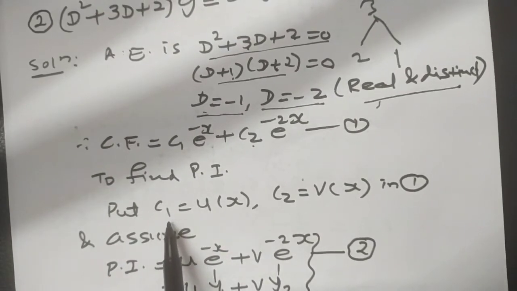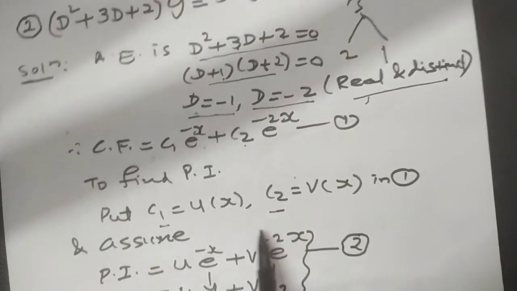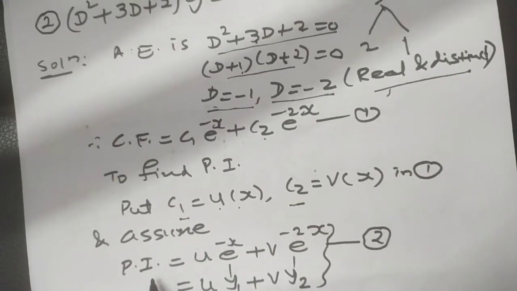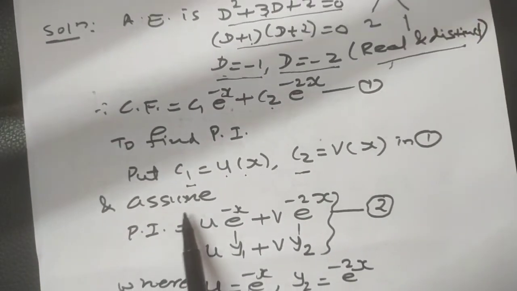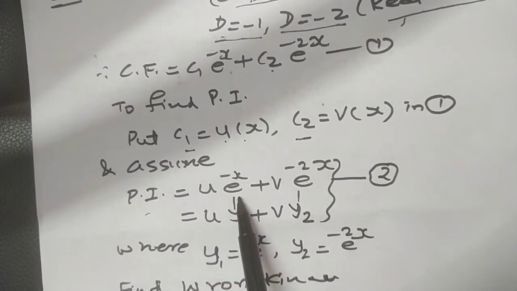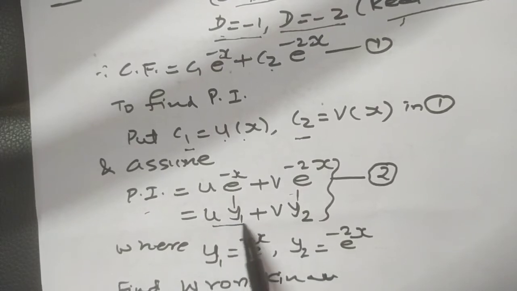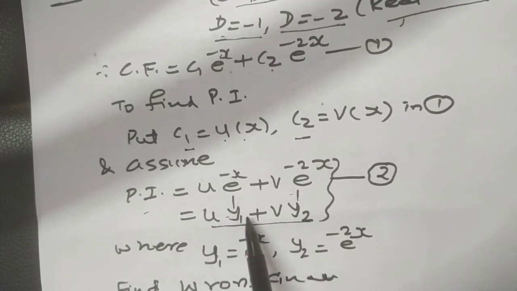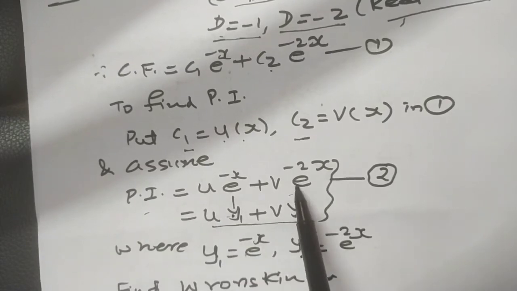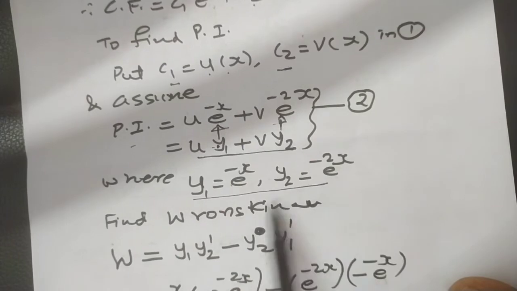For the second part, as in the first example, replace c1 and c2 by u and v, or u(x) and v(x), because these are functions of x. Assume the particular integral as u e raised to minus x plus v e raised to minus 2x, or you can write this as u y1 plus v y2, where y1 is e raised to minus x and y2 is e raised to minus 2x. So it is written here.